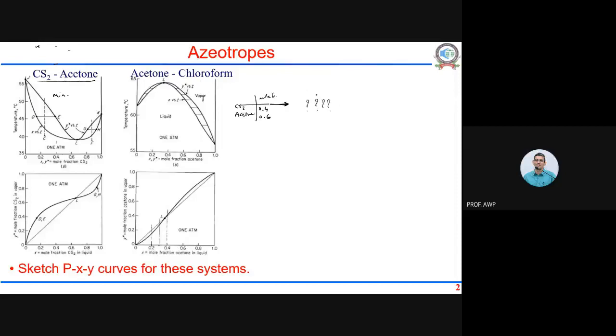What should we do to separate them into pure CS2 and pure acetone?